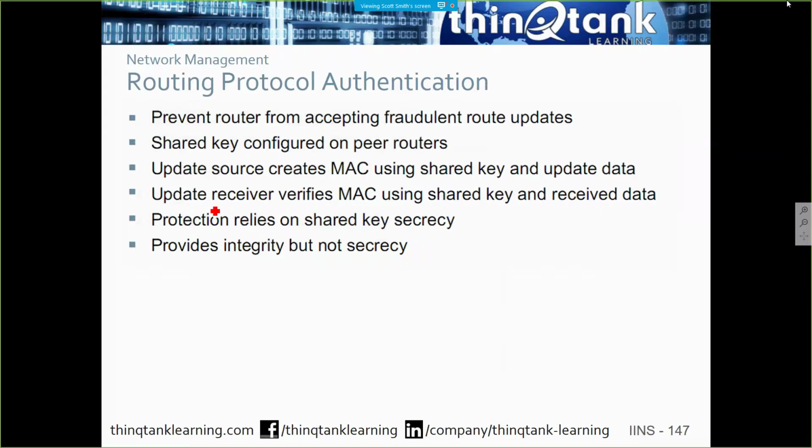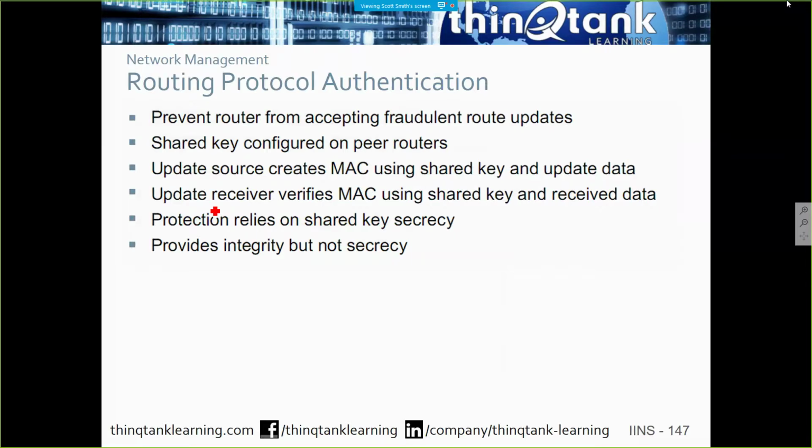In the case of IPv4, though, this is an overlay. We're not using IPsec specifically, but we're using some security functions as part of the protocol. So we have a shared secret key that's configured on each router. The update source creates a MAC, message authentication code, using the shared secret key and the update data.